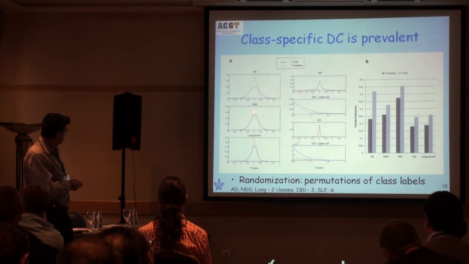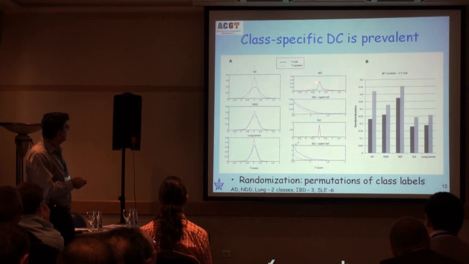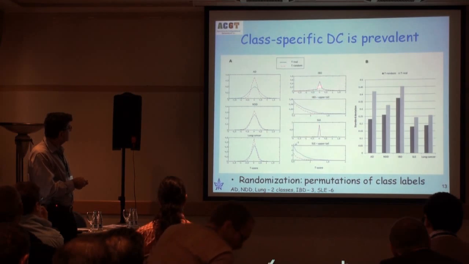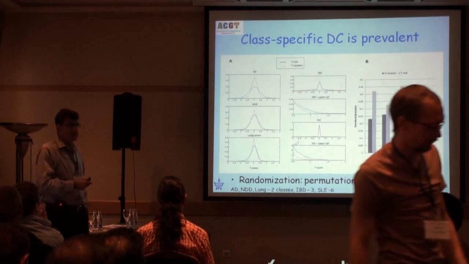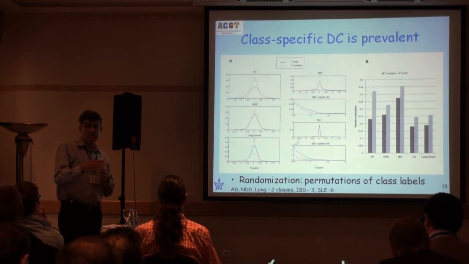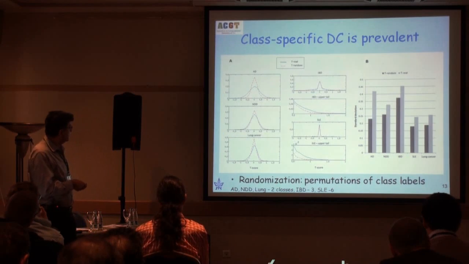And you see the same phenomenon in the other sets. In IBD and SLE, it's very hard to see because, as I said, it's multi-class data, so we take the minimum of several possibilities.